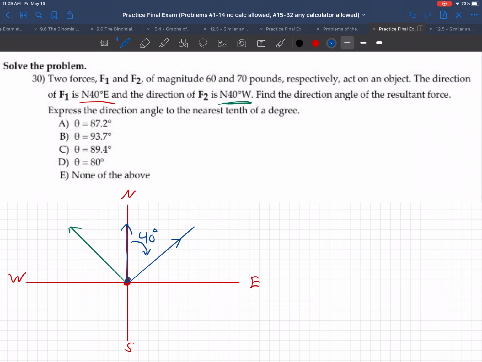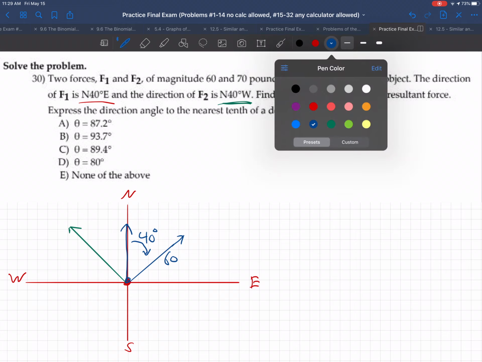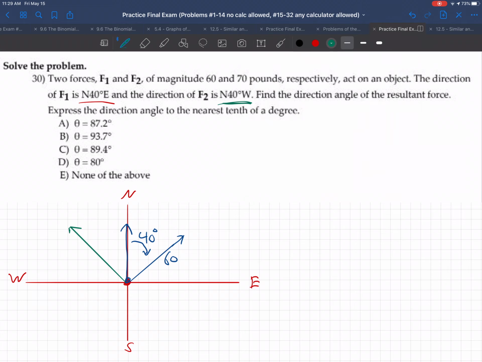Back it up to about there. That was not quite as long. I probably overdid it a little bit there. Let me do a little better. About there. Okay. This one is 60, and then the other one is 70.